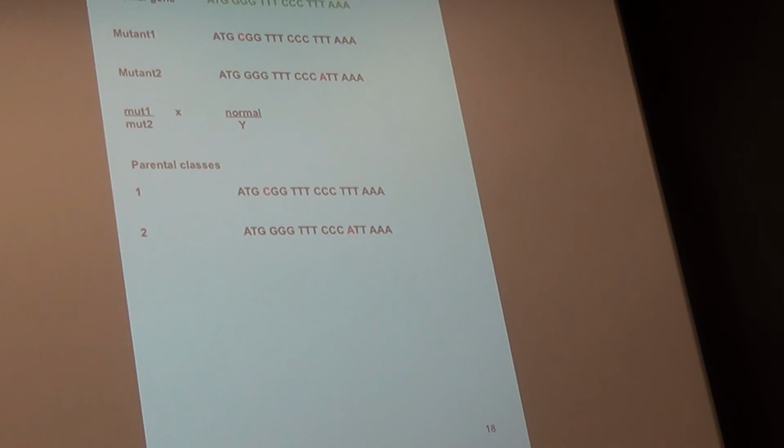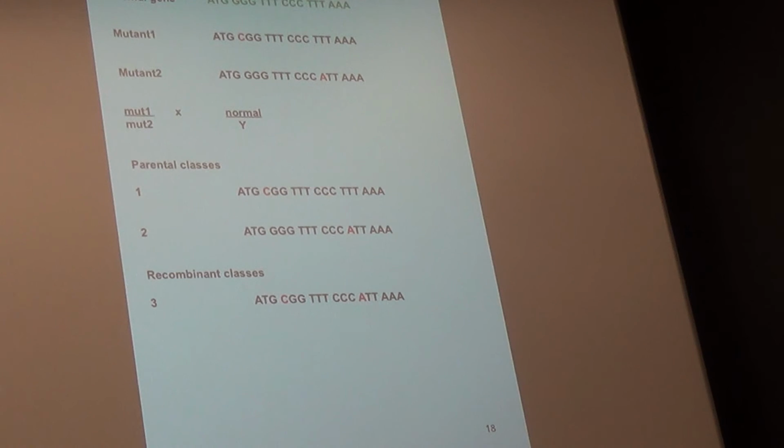The third class was a crossover, and the crossover took place between this allele and this allele. Let's imagine the crossover takes place right here on the sequence. This is what the sequence would look like. You get ATG, CGG, crossover, TTT, CCC, ATT, AAA. That's the sequence. So we're crossing over between this G and this T. Coming down, we walking up.